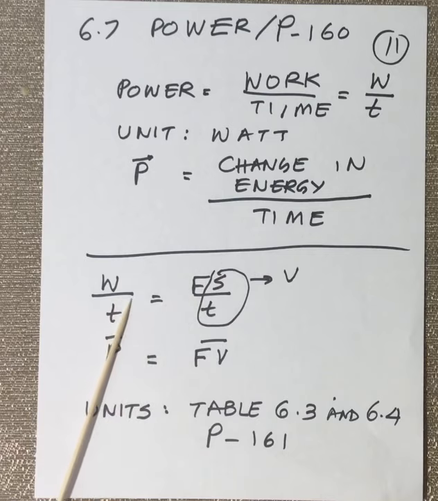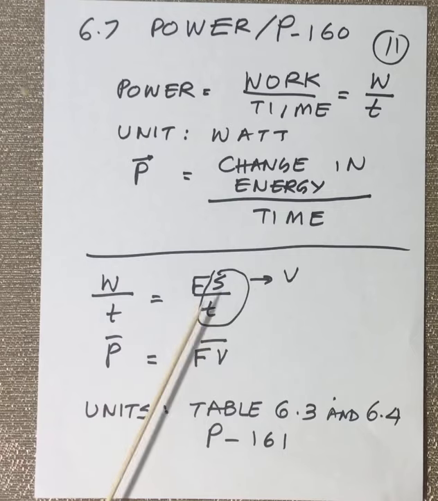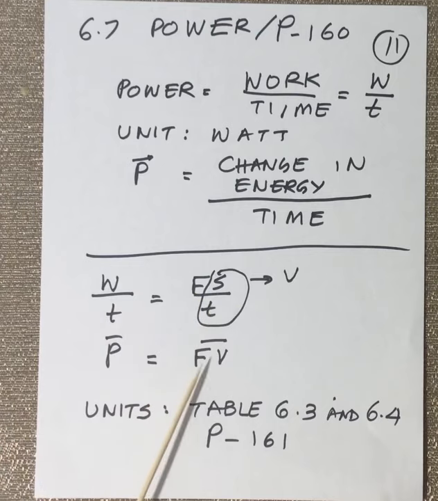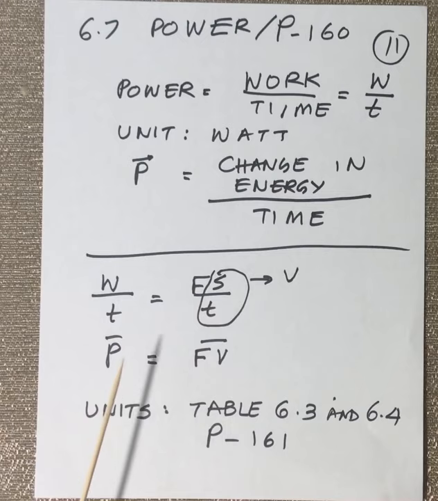So if you divide work over time, on this side you have force times S over T, because work is F times S. Then finally you will end up with P equals F times V. You can look into tables 6.3 and 6.4, page 161, to have a better look.